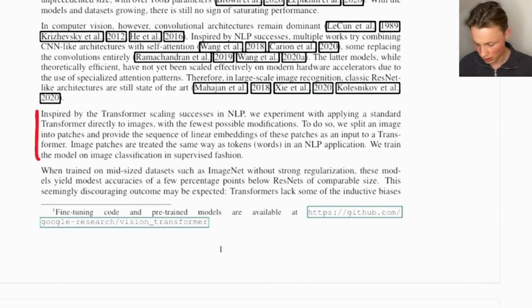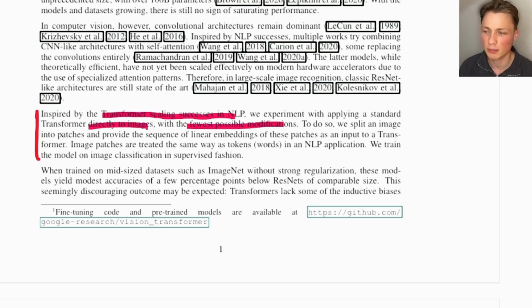The most important part here is actually this sentence: inspired by the transformer scaling success in NLP, which was used in GPT and BERT, I already mentioned that, we experiment with applying a standard transformer directly to images. So no CNNs at all, just trying to implement the transformer from scratch on the images with the fewest possible modifications.